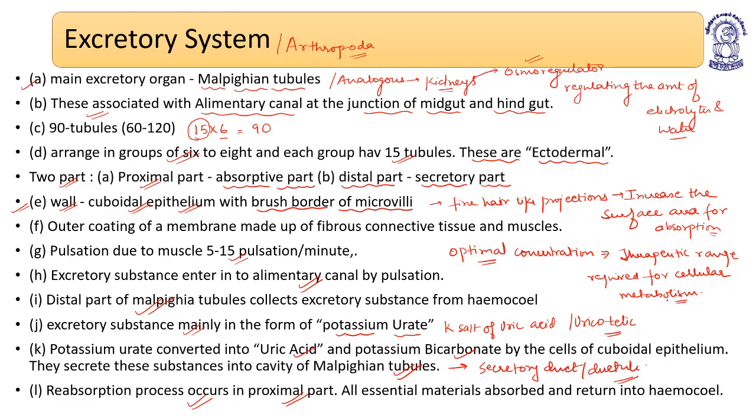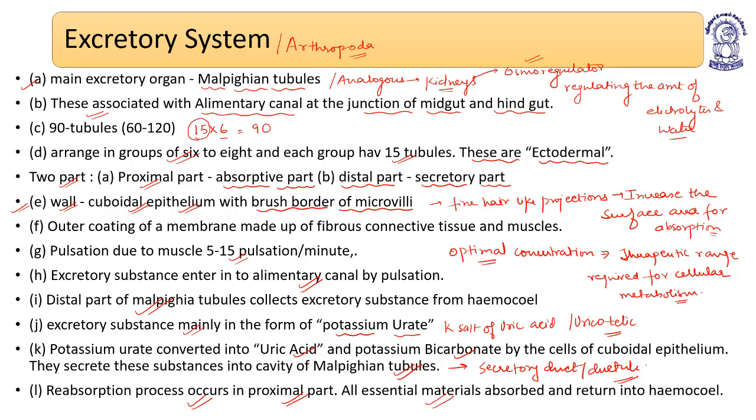All these cellular reactions are known as metabolism, whether in a single-celled or a multicellular organism. These metabolic processes require raw materials, and each substance is required in a definite amount, in a definite range. The range which is beneficial for that cellular metabolic process is the therapeutic range, or the optimal concentration. So the reabsorption process occurs in the proximal part.